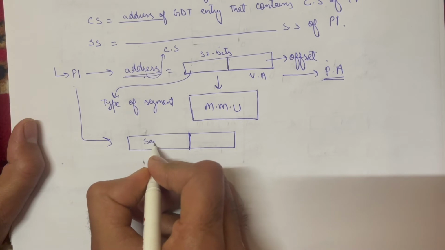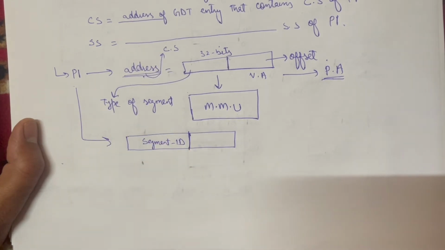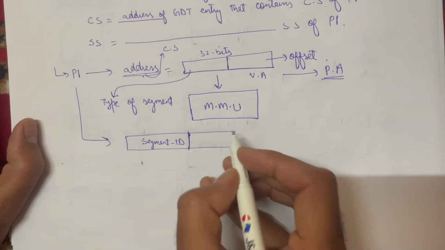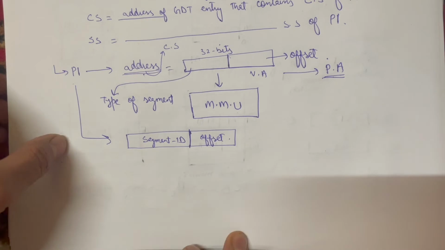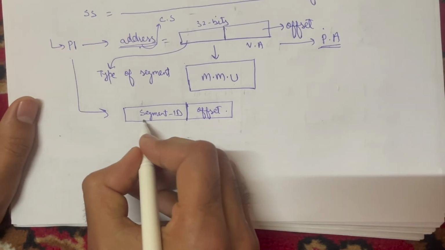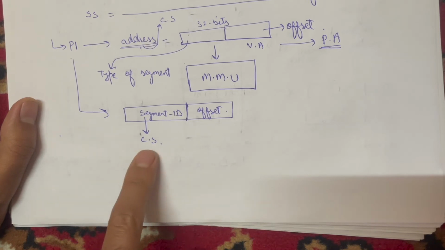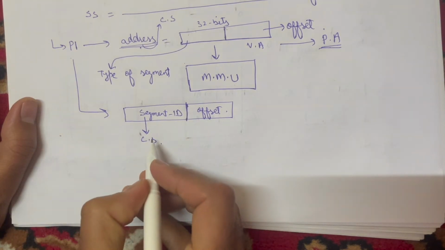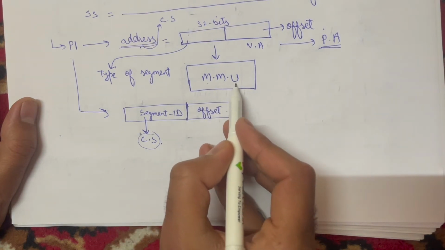First is the segment ID, which tells which type of segment this address belongs to, and the second is the offset. So let's say it is saying that it tries to access the code segment.